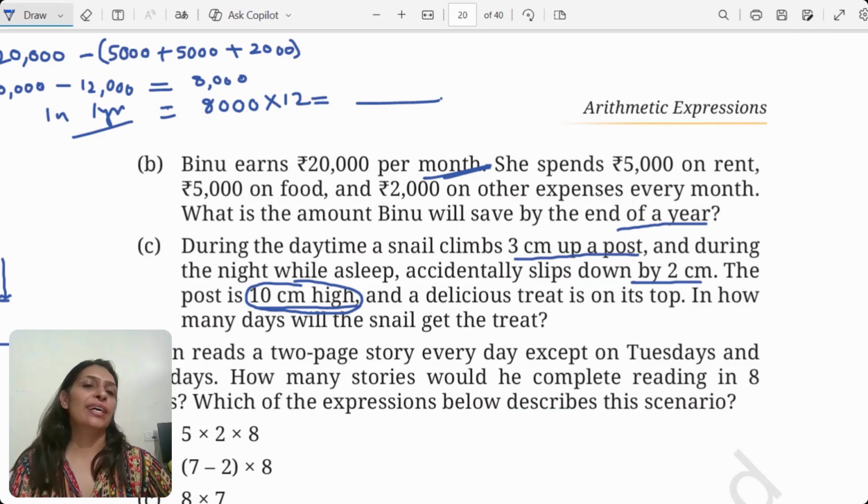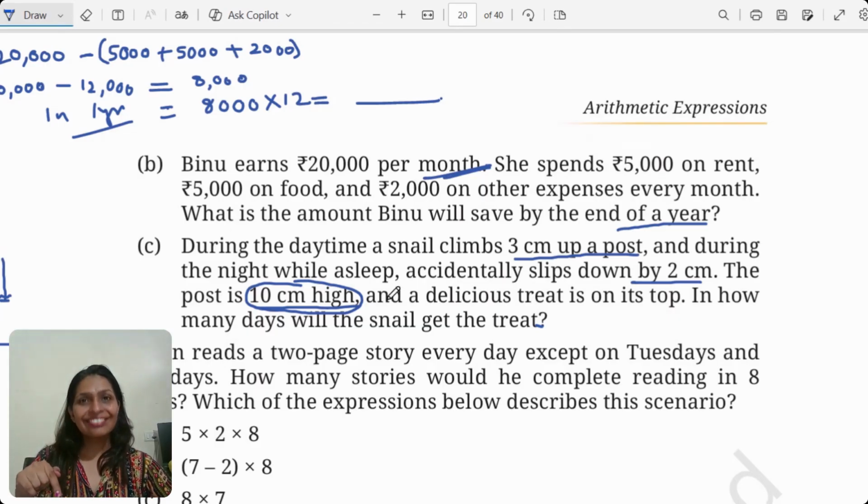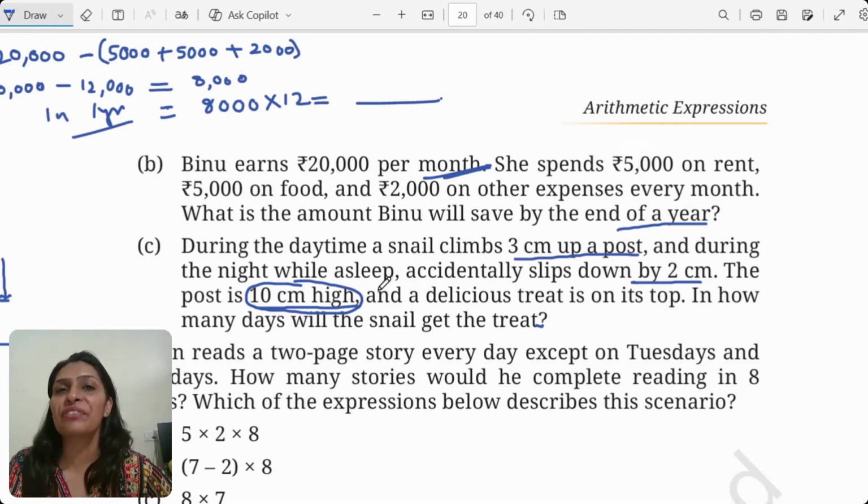This one, I really want you to do. And again, just a hint, I want you to keep in mind: once it reaches the 10 centimeter, will it get down? This is the point where we have to think.